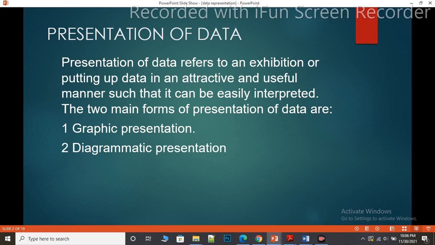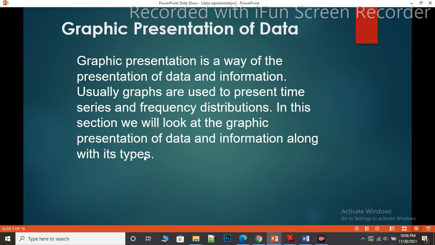Now we further present the data in different forms. So the two main forms of presentation of data are graphic presentation, and the second one is diagrammatic presentation. So first we have to discuss the graphic presentation of data.